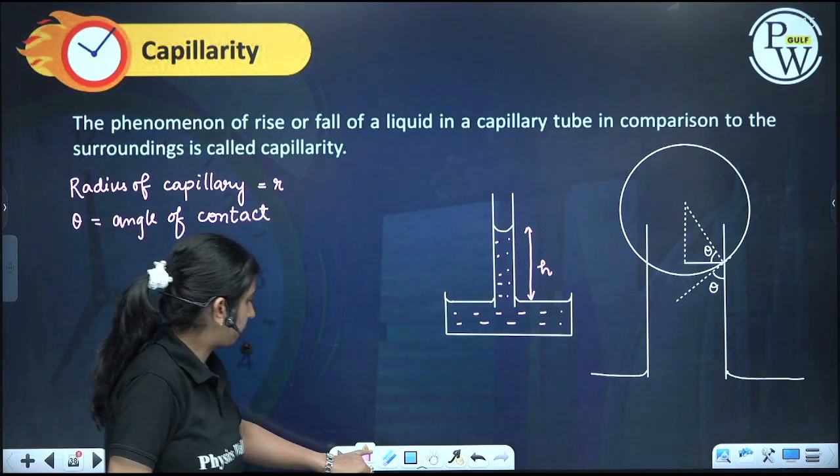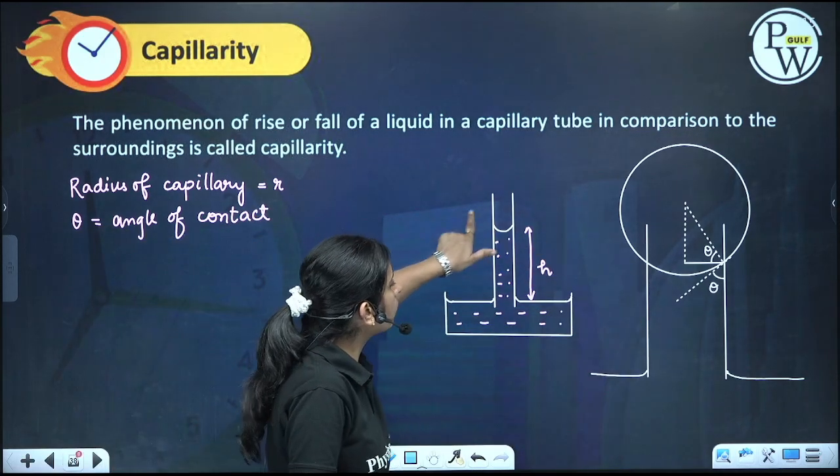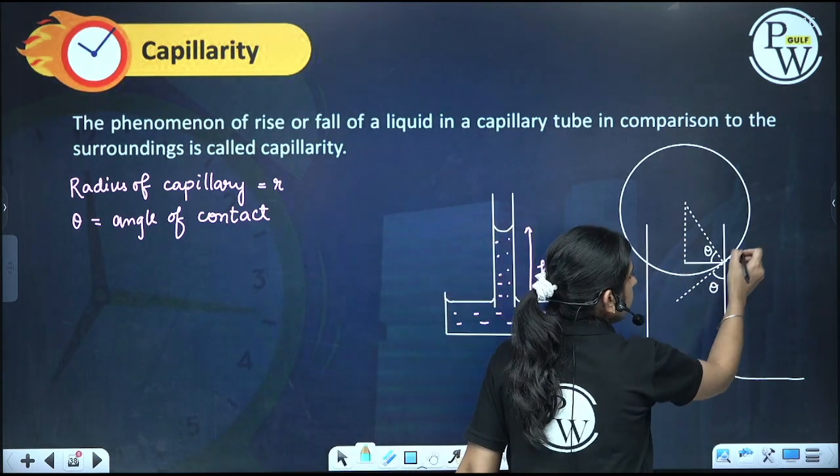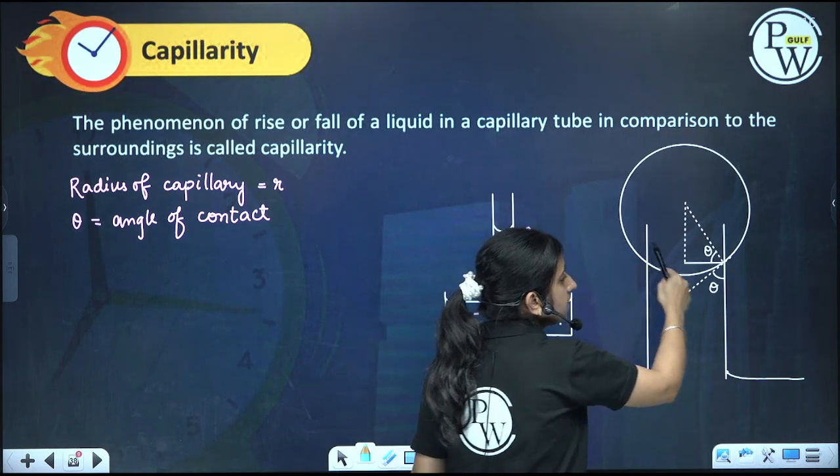Now see, if we take a broad view of this, this is the angle of contact theta, this is the shape of the meniscus.